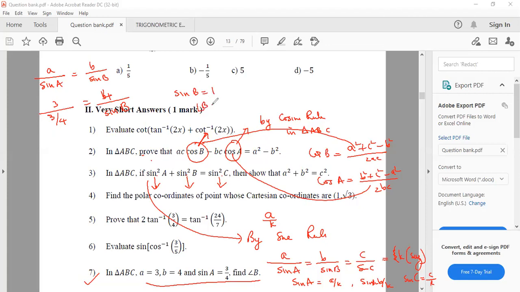So angle B is 90 degrees. They are giving a direct application of the formula in the test. Question number 1 mark is all a direct application of the formula.